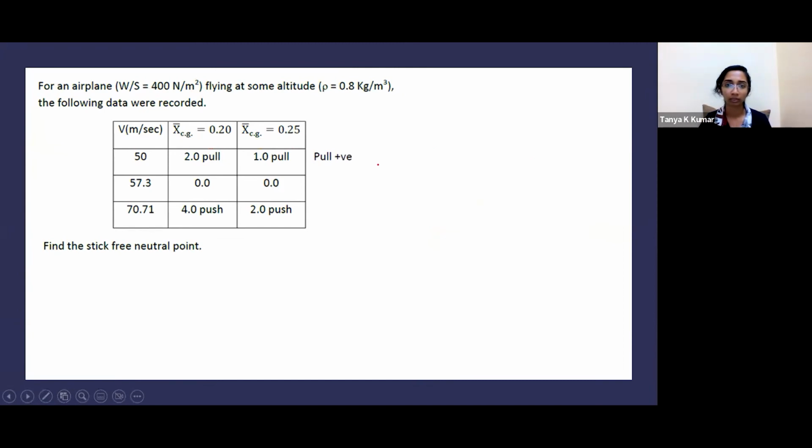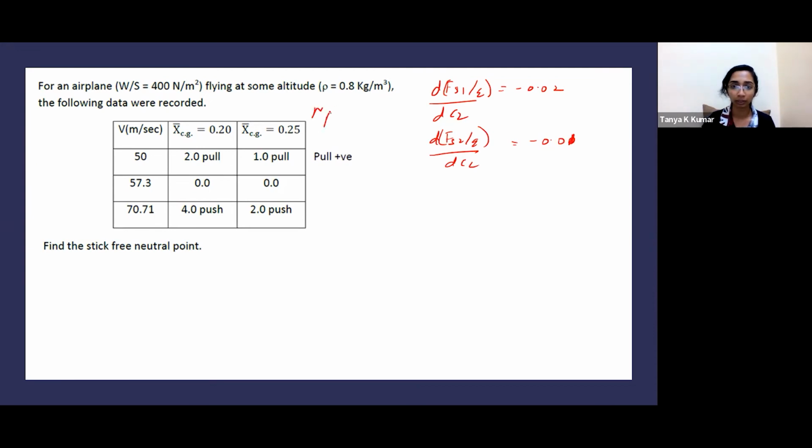Your dFs1 by Q by dCL was minus 0.02 and dFs2 by Q by dCL was minus 0.01. So neutral point was defined as the location where this value dFs by Q by dCL is 0.